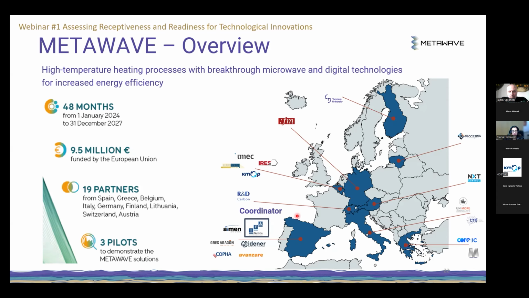It's a project of 9.5 million euros funded by the European Union. We are 19 partners, well, now we are 20 partners from, I think, 7 different countries in Europe. And we have 3 industrial use cases or pilots that will demonstrate different microwave technologies that my colleagues have presented today.